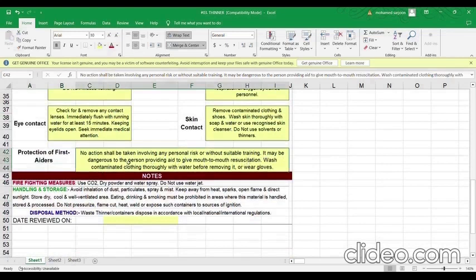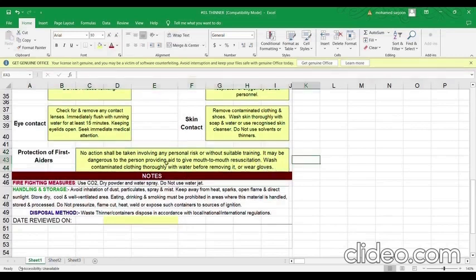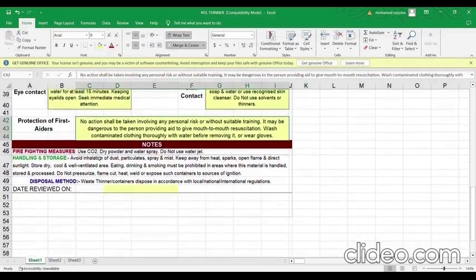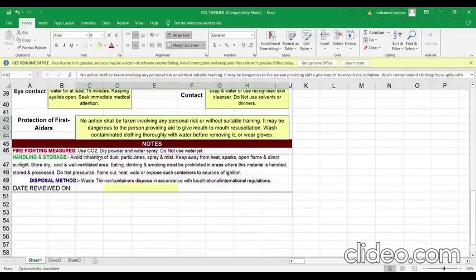If not trained, it is not recommended to provide it. Wash contaminated clothing thoroughly with water before removing it, and wear gloves. This is the additional protection recommended by the manufacturer.